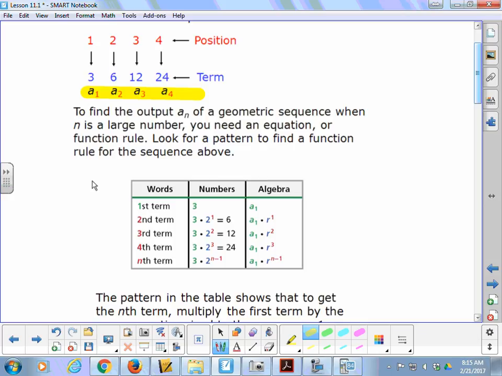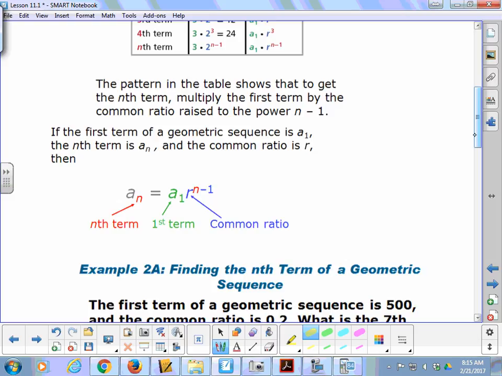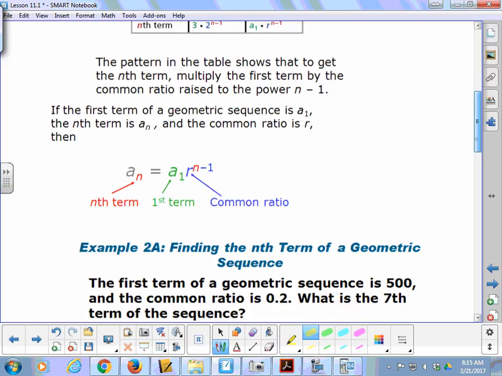And the nth term, then, we multiply by r to the n minus 1. So whatever term number we want, minus 1, because with the first term we don't multiply by r, but we multiply by r to get to the following terms. So that leads to what's called the general rule for a geometric sequence, which is a sub n, which gives me the nth term, is equal to a sub 1, the first term, times r raised to the power of n minus 1.